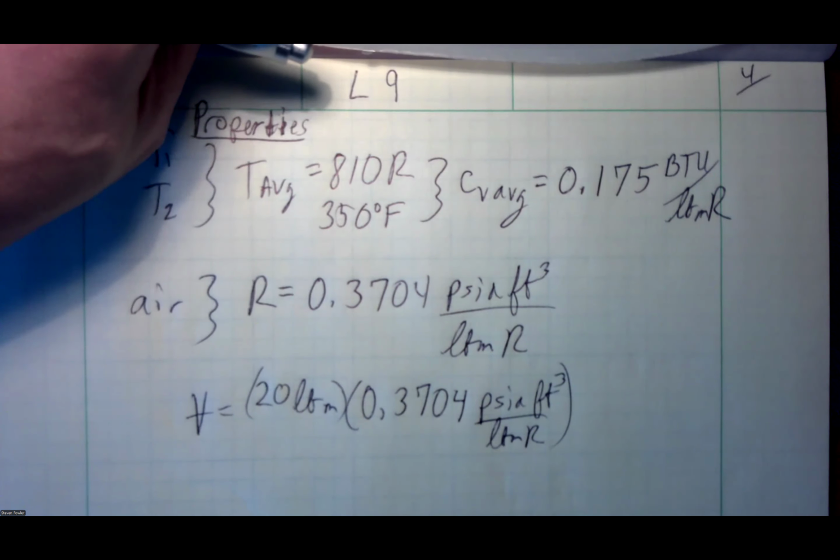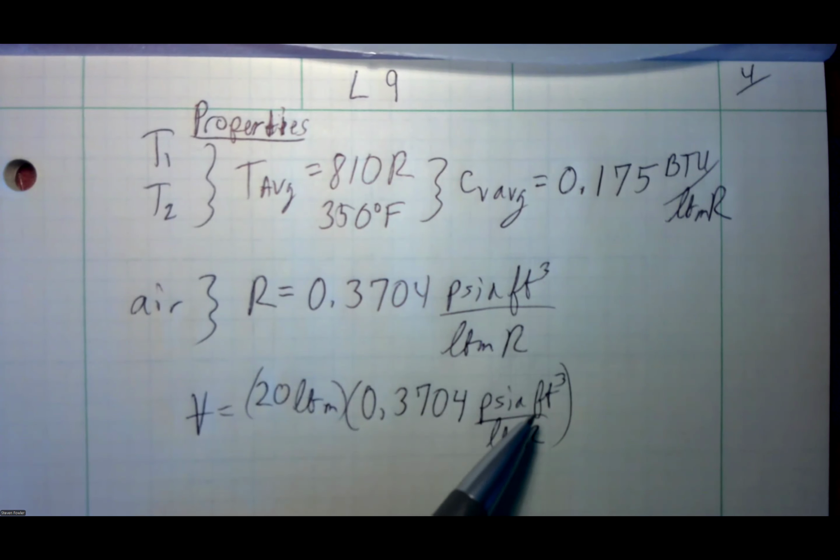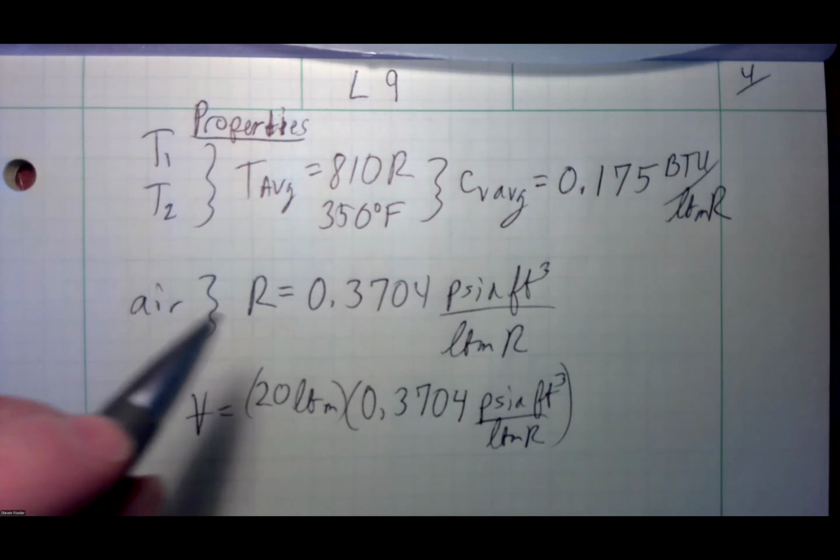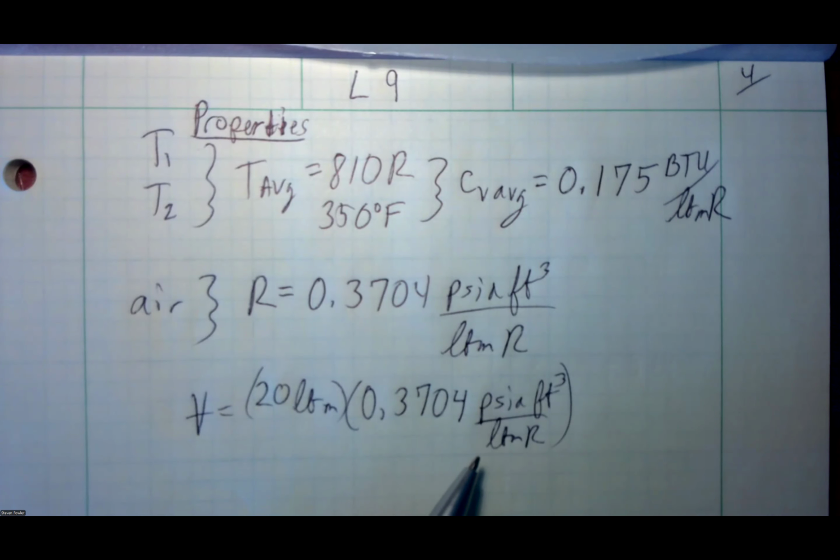It's not hard to convert from BTUs to PSIA cubic feet, kind of like we saw a Pascal times a meter cubed is a joule. There is a conversion factor you can find. Anyway, that is mass times R.